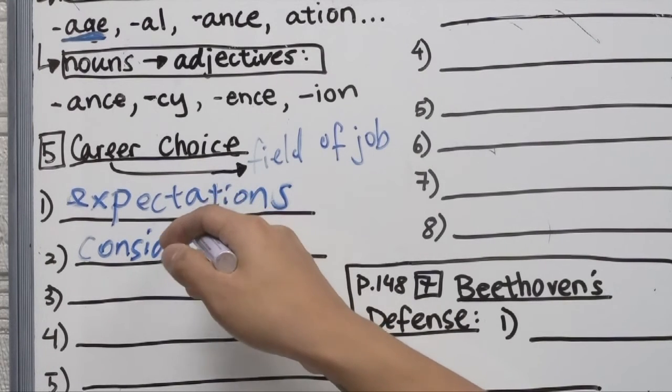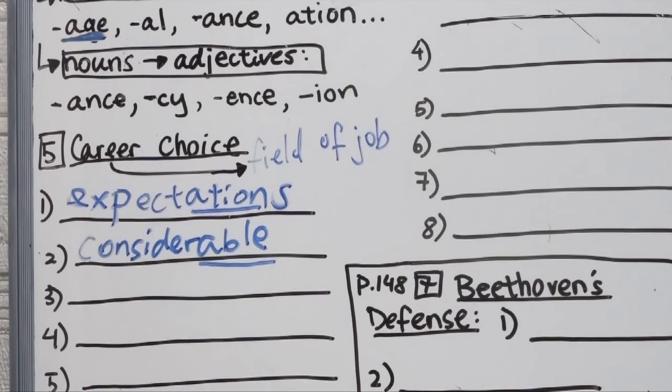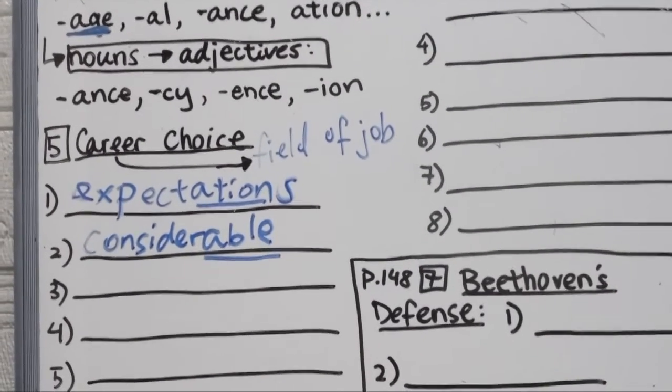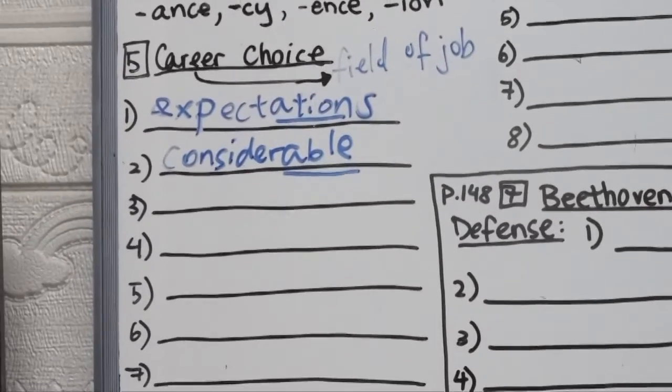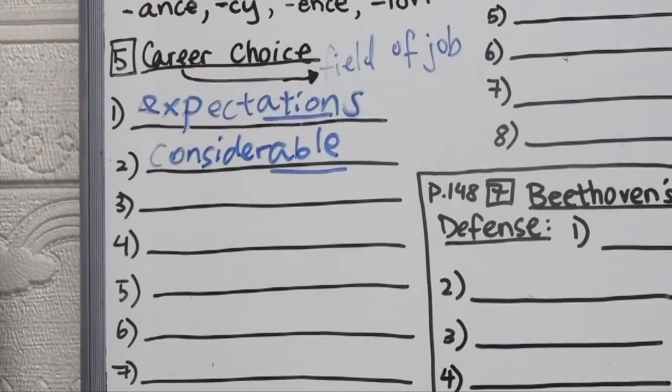So here we have expectation, considerable. A considerable amount of factors you need to take into account, you need to think about, including the require of the job. Require means what you need. So what do you think?